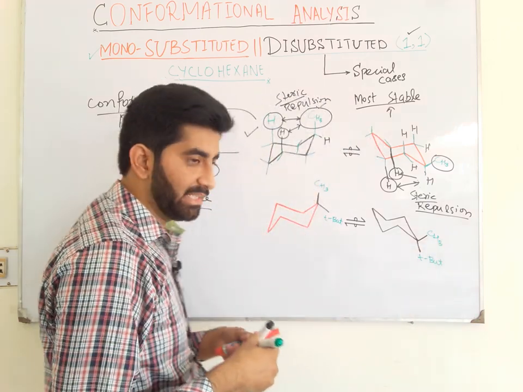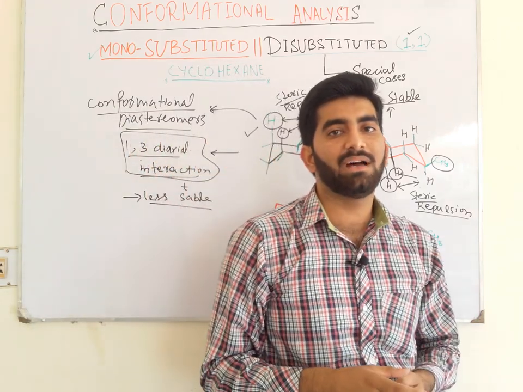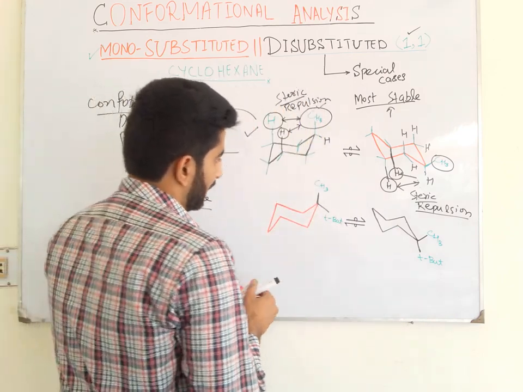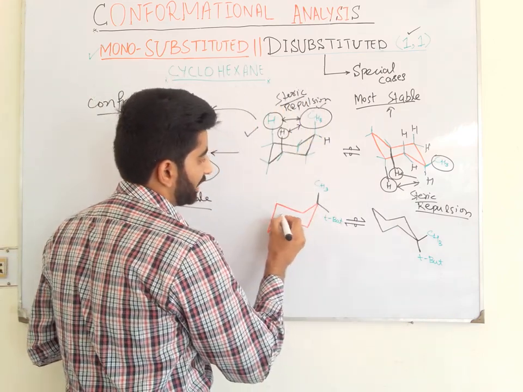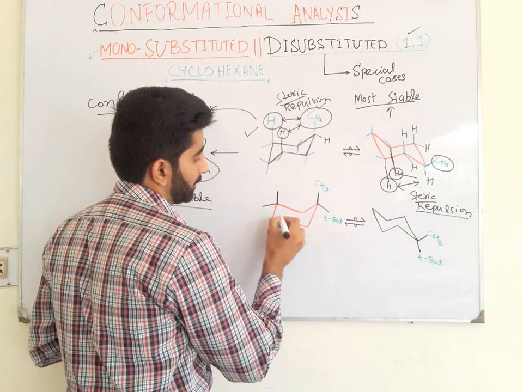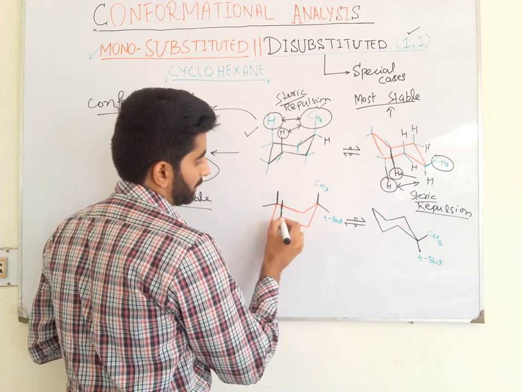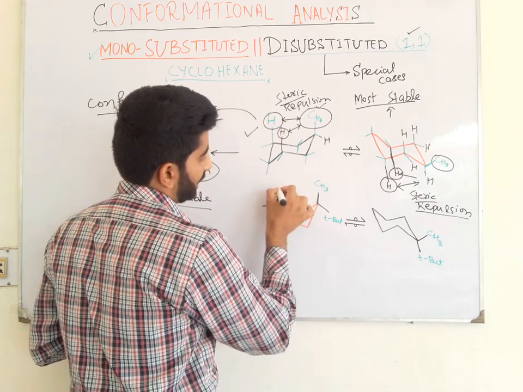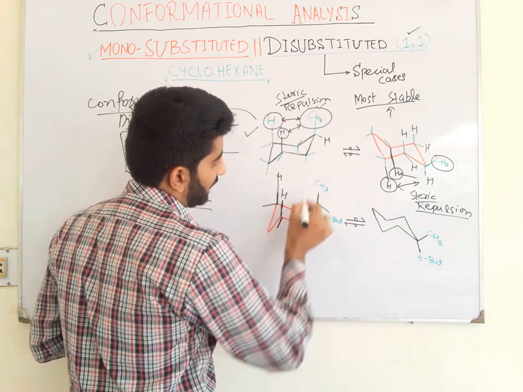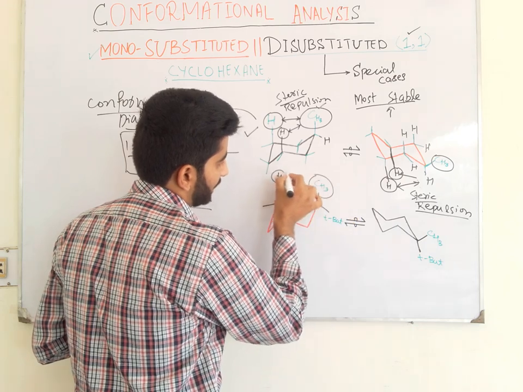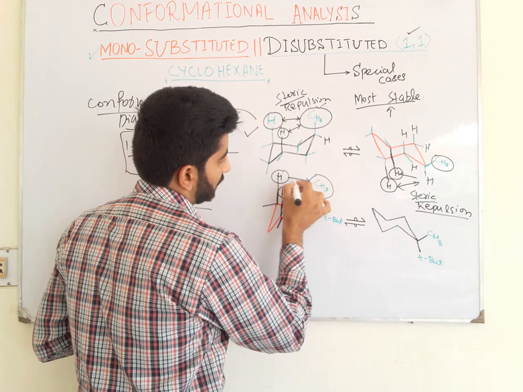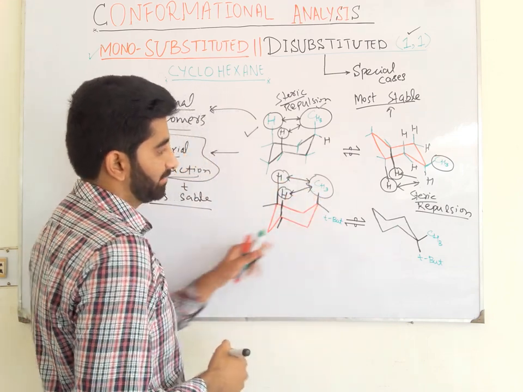So with an increase in the bulkier group, there is large steric repulsion between the two diaxial hydrogens and the bulky group. So there is a hydrogen here and a hydrogen here. We can see that there is 1,3-diaxial interaction between these two diaxial hydrogens and this methyl group.